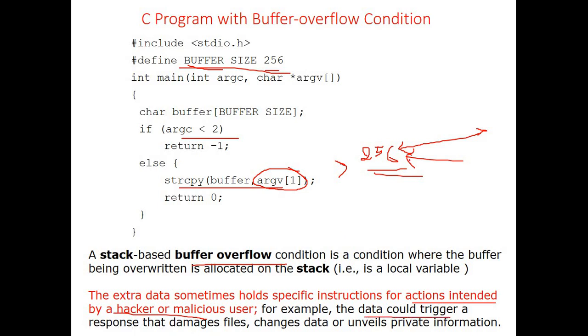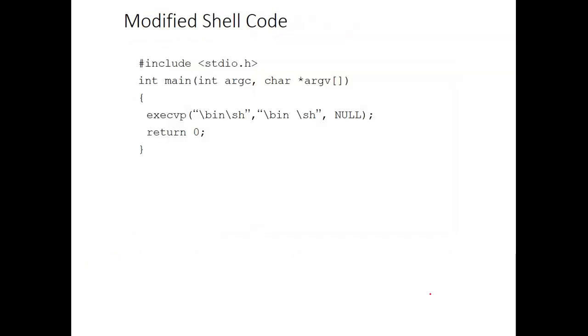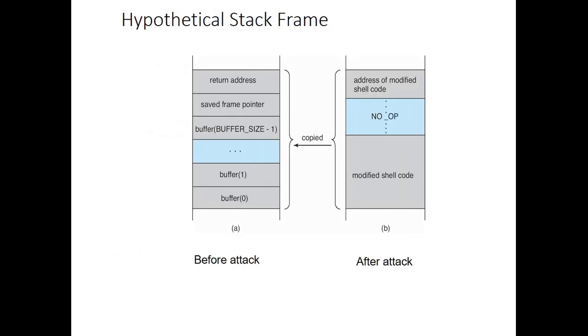So whatever data is there after 256 characters might damage the system files, or change the data, or it might unveil some private information. This is the stack buffer overflow condition, which is one more type of stack overflow attack.